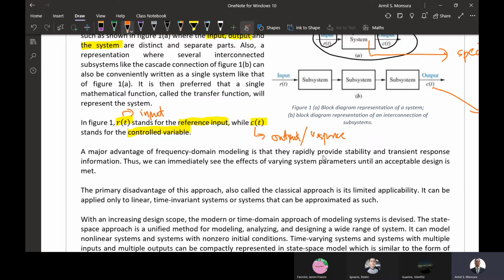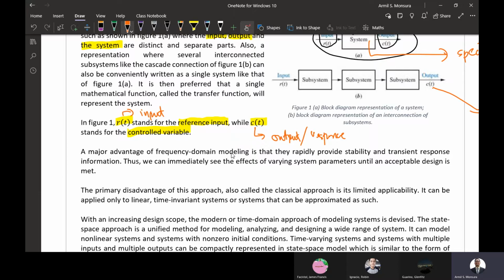But the use of the variable C means that it is the signal that we wish to control, the quantity that we wish to control, is the variable C.